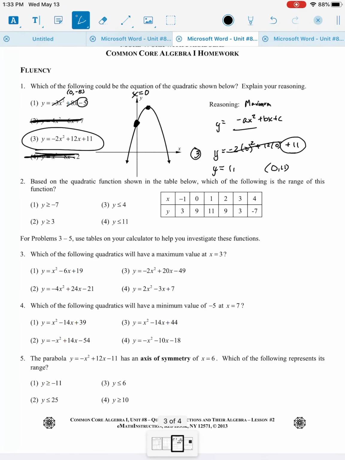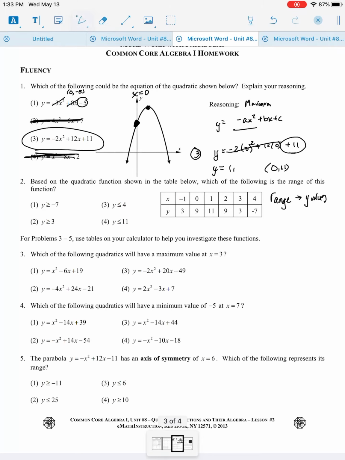But moving on to my next problem, I clearly have a question with a table. And it's asking me, based on the quadratic function shown in the table, which of the following is the range of the function. Now, I'm hoping that from our last few pages of notes that we know that range represents the y values of the function.